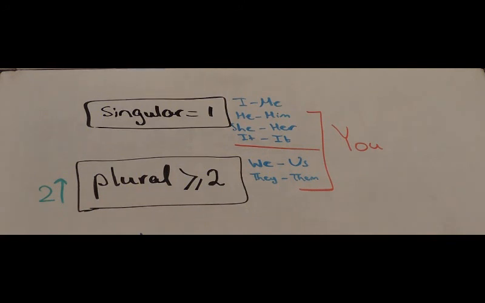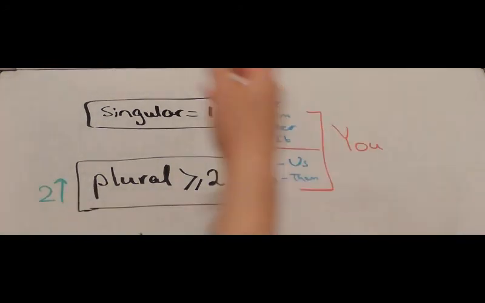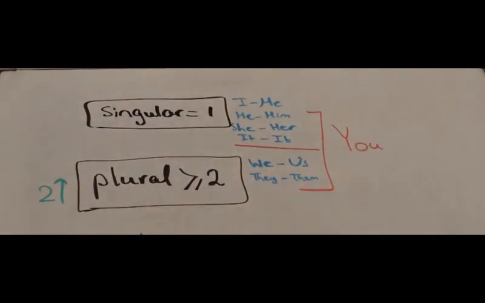Singular and plural. Now you're probably asking yourselves, what is you doing here? In English, you is singular and plural at the same time. Whether I'm talking to a person or I'm talking to more. Notice that I use to, second person.